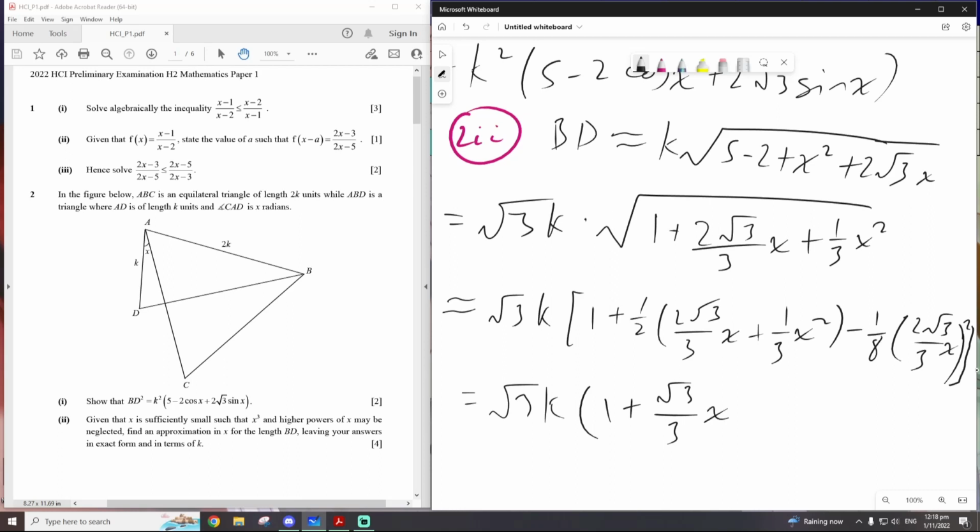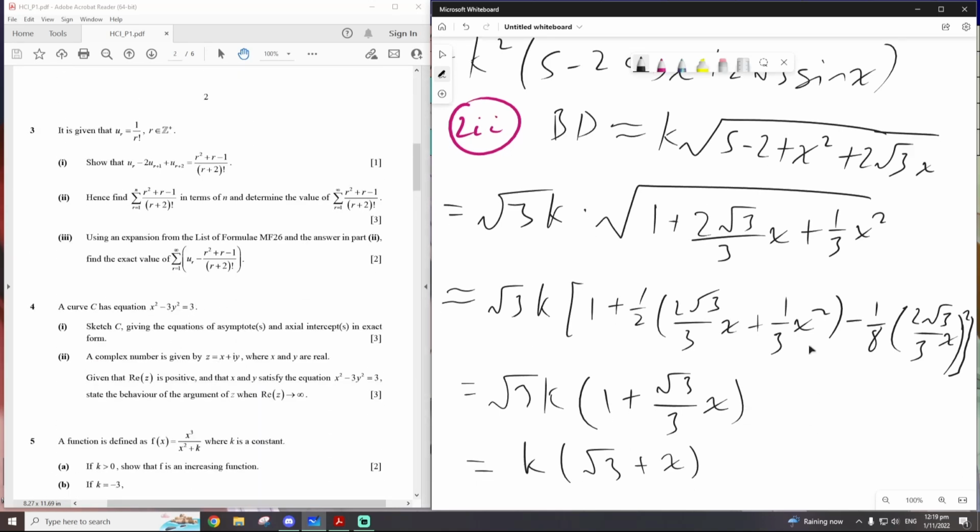And the term in x squared, if you square this, you will get 4 over 3. 1/8 of that is 1 over 6. But it just so happens that if you take this one here, the x squared, 1 half times 1/3 is also 1 over 6. So the x squared is actually cancelled out. There's actually no term in x squared. Okay, so we can simplify this to k times square root 3 plus x. Yeah, that's it. There's actually no term in x squared. I think that's pretty magical.